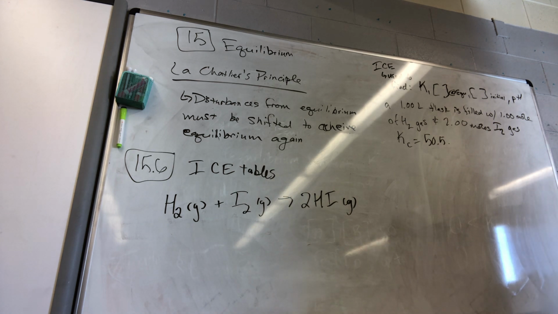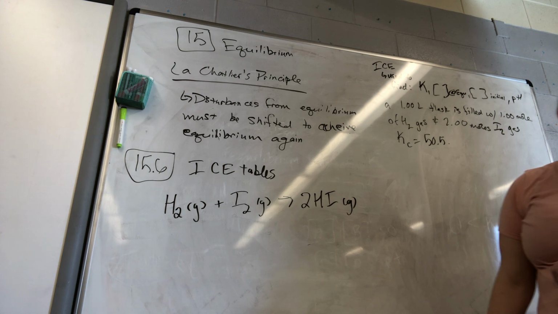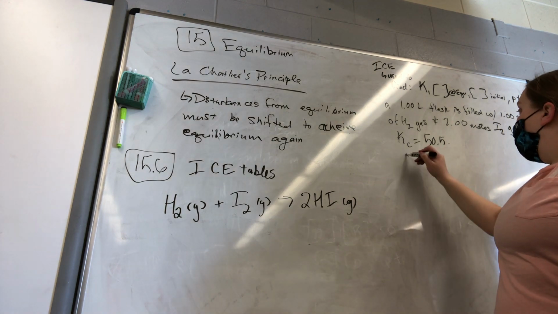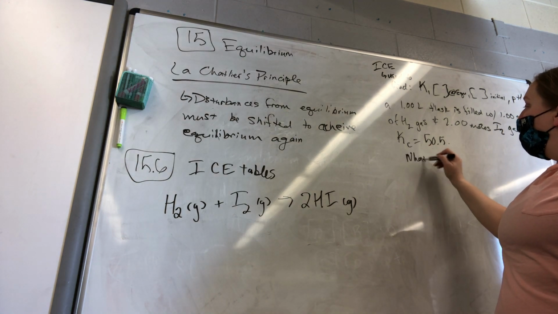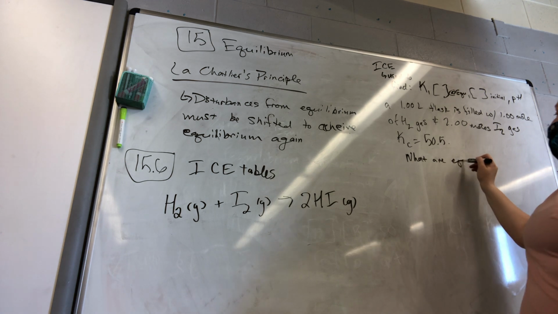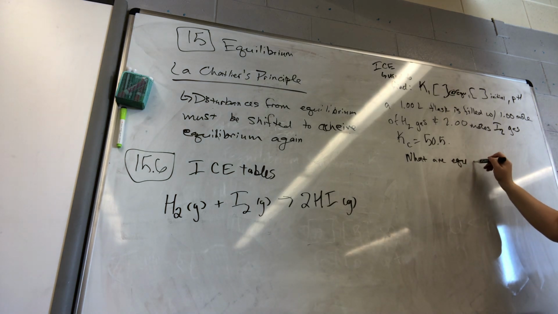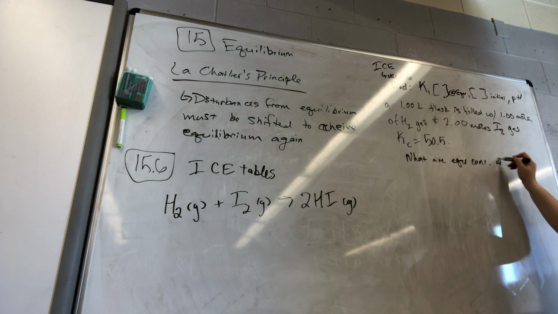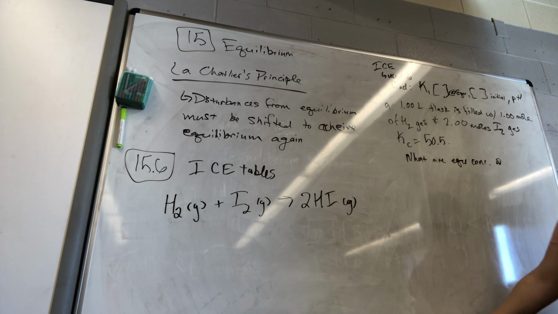We're told the K for this reaction is 50.5. What are the equilibrium concentrations of all three?